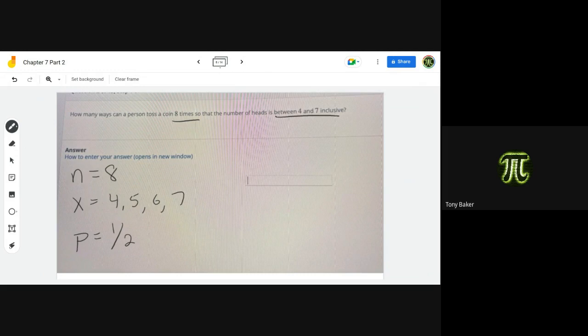Probability of getting heads is 1/2. What's the title of what we're solving for? Binomial distributions. Okay. So binomial distribution helps you find the probability of an event occurring.